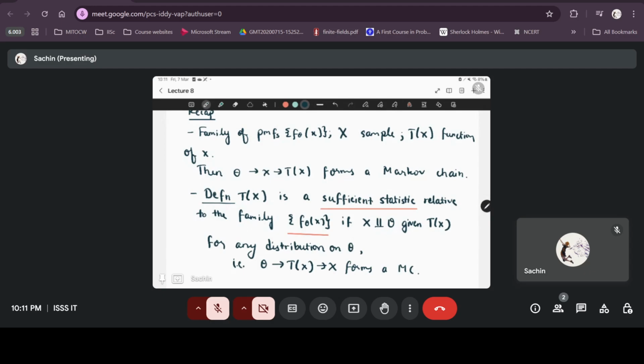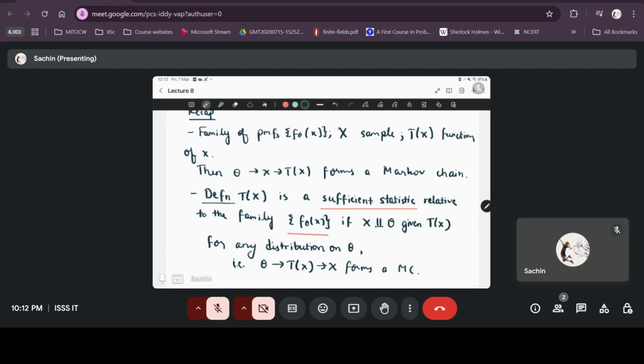So it's called a sufficient statistic because this T of x is sufficient in the sense that once you know T of x, whatever information you get about theta, you can only get that much information from x also. So observing x doesn't give you any more information about theta than observing T of x.